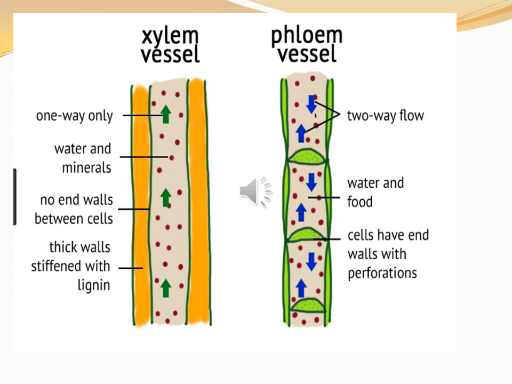If you talk about the cells, inside the xylem there are dead cells, but inside the phloem there are living cells having small holes, and these holes allow sugar molecules to pass from one place to the other.